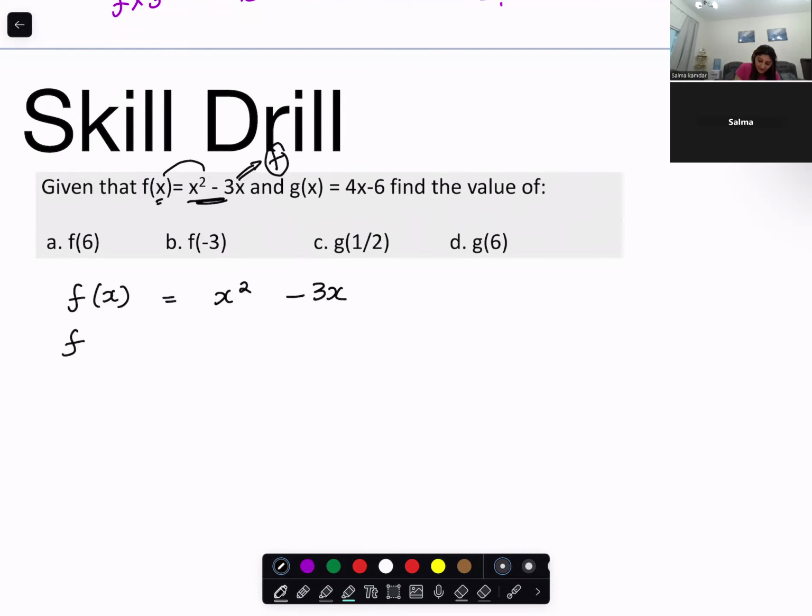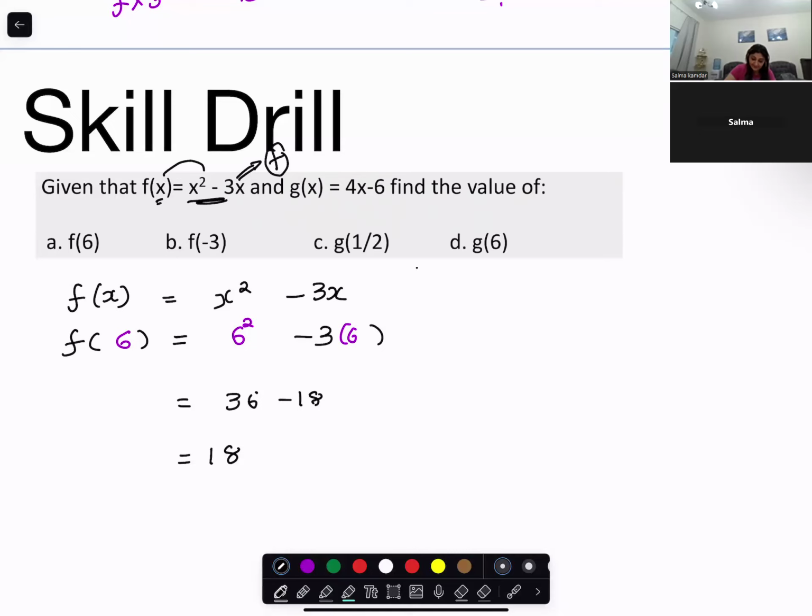So I will write f of, in place of x, I will write 6. f of 6 is equal to 6 square minus 3 into 6. Okay, I will now substitute this. 6 square will be 36 and 6 into 3 would be 18. So f of 6 is nothing but it is 18.